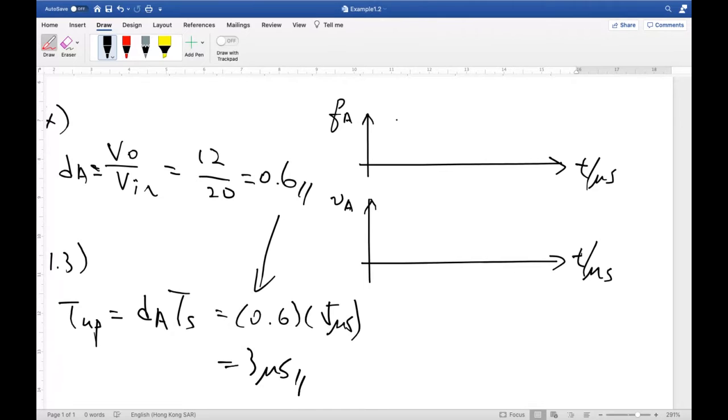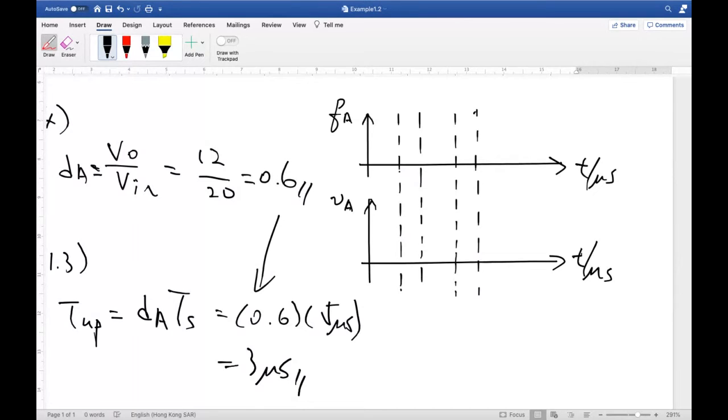So here we can do something like this: 3 microseconds and then 2 microseconds. Repeat the other interval, 3 microseconds. It is not to scale, I just draft. Something like that. So this is the time with the unit of microsecond.